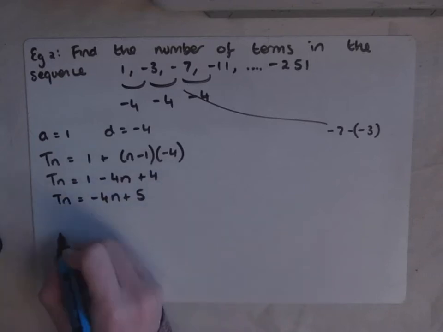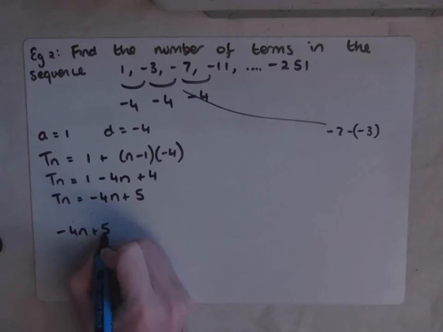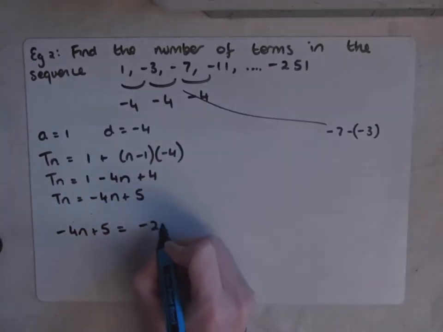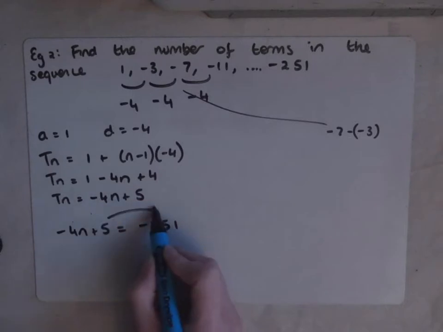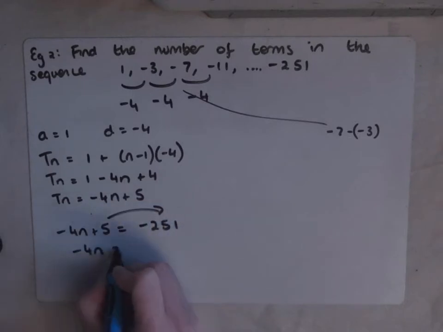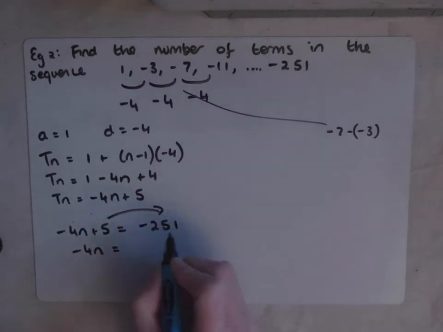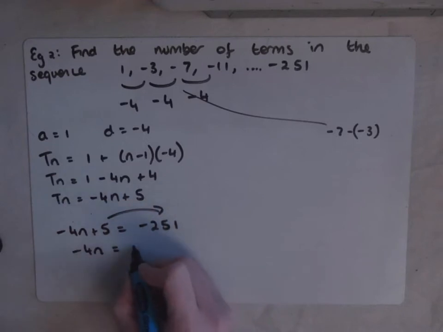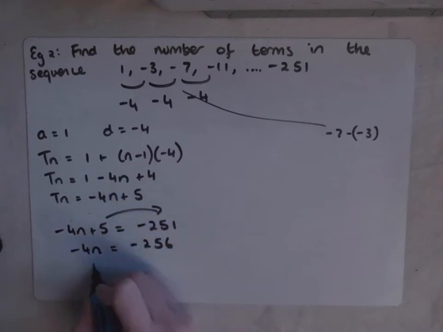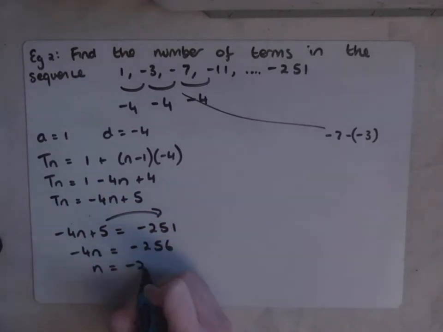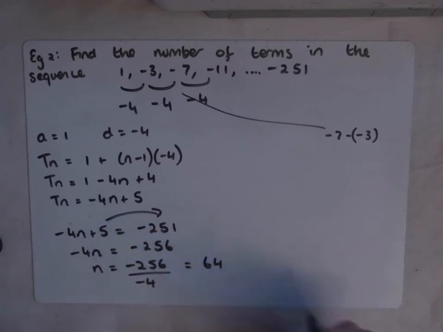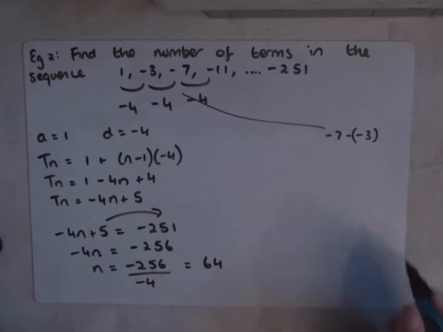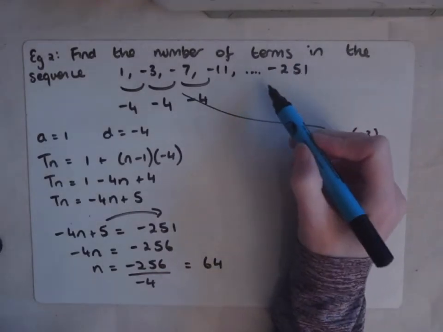So I'm going to put -4n plus 5 equal to -251 and find what n is. -251 minus the 5, and then divide, so n is 64. That's telling me that's the 64th term.